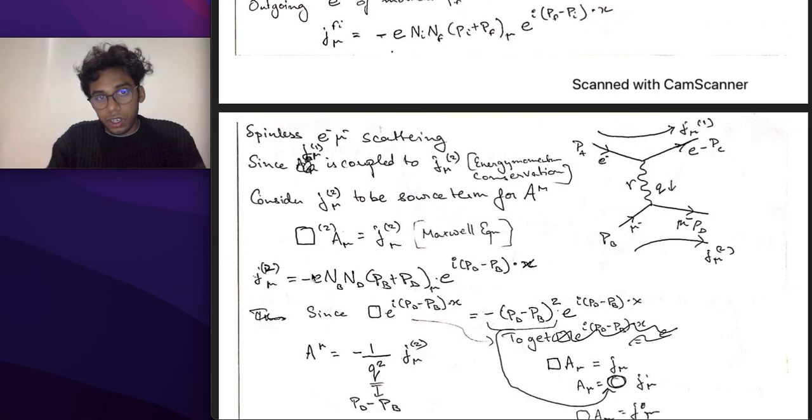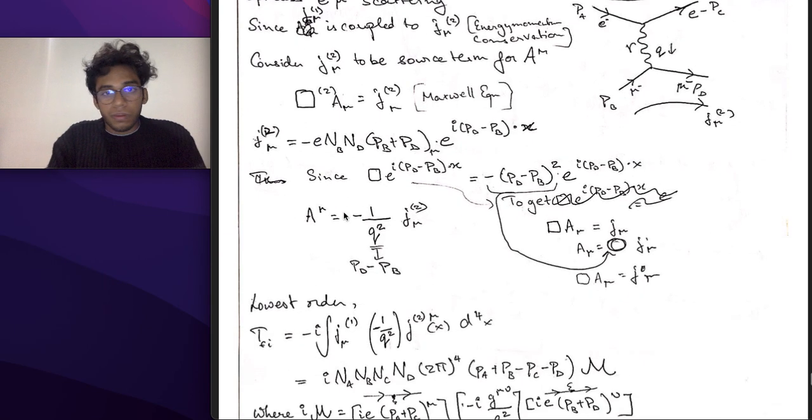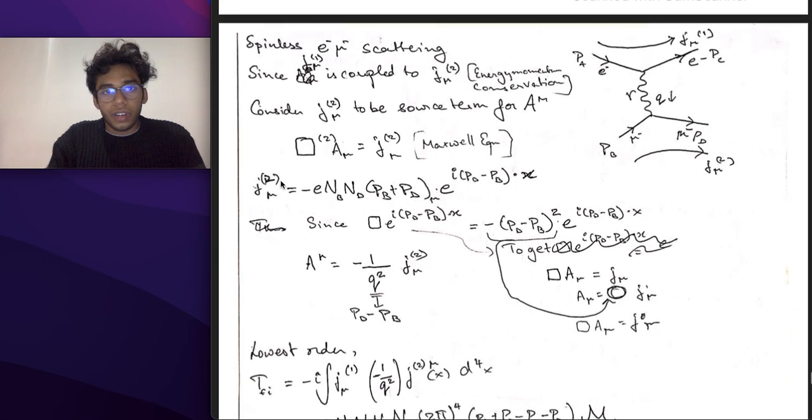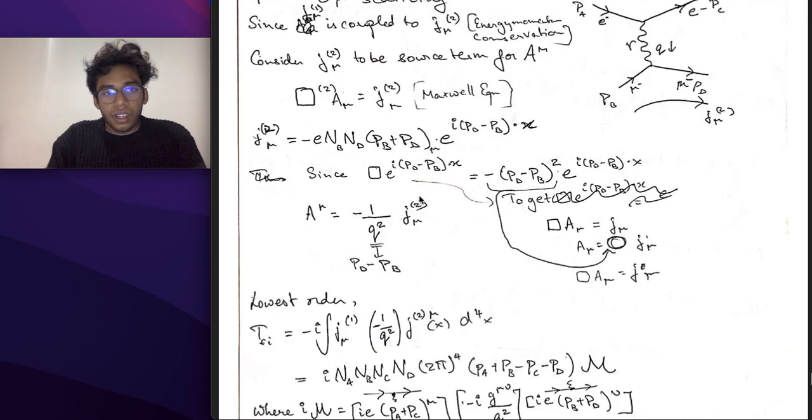when you try to calculate the transition rate. And then you have some simple manipulations of J mu, like you calculate J mu based on this, and then you see that box of e to the power of i(p_d minus p_b)x is equal to minus (p_d minus p_b) whole square times e to the power of the same.